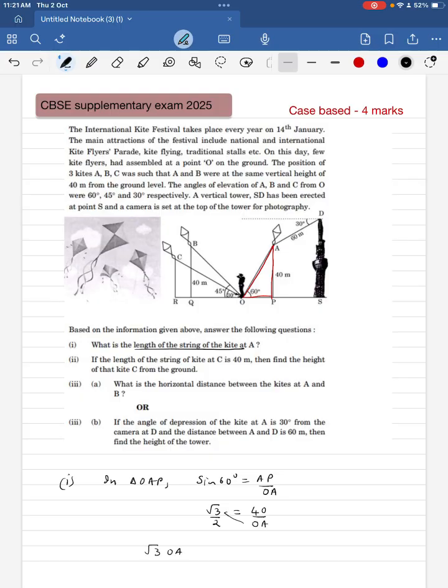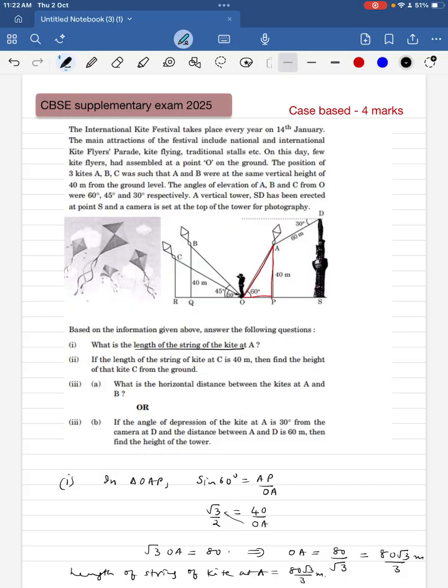So root 3 times OA is equal to 80, from which we'll get the value of OA as 80 divided by root 3, which is 80 root 3 by 3 meters. Okay, so length of string of kite at A is equal to 80 root 3 by 3 meters.